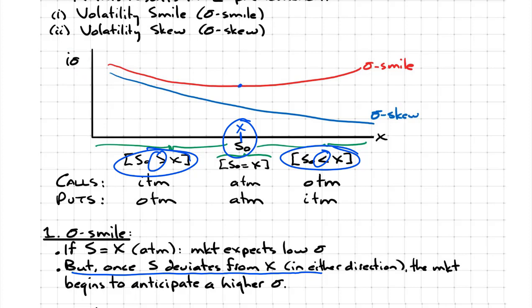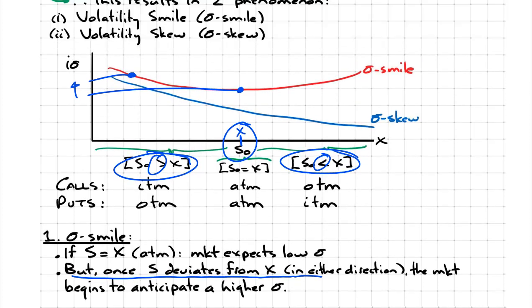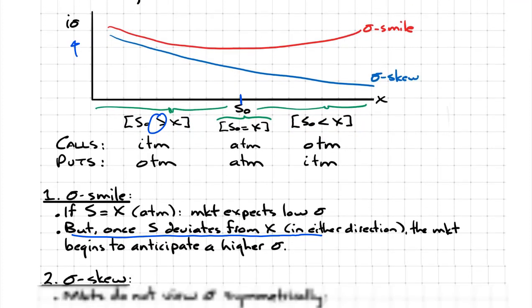So if this is the lowest point, you go anywhere else, and guess what? Now you have a higher implied volatility. So the volatility goes up, and same thing on the other side. So if that's our minimum point, if you're in this range, again, you could see that the implied volatility will be higher. And that's how you get the resulting volatility smile.